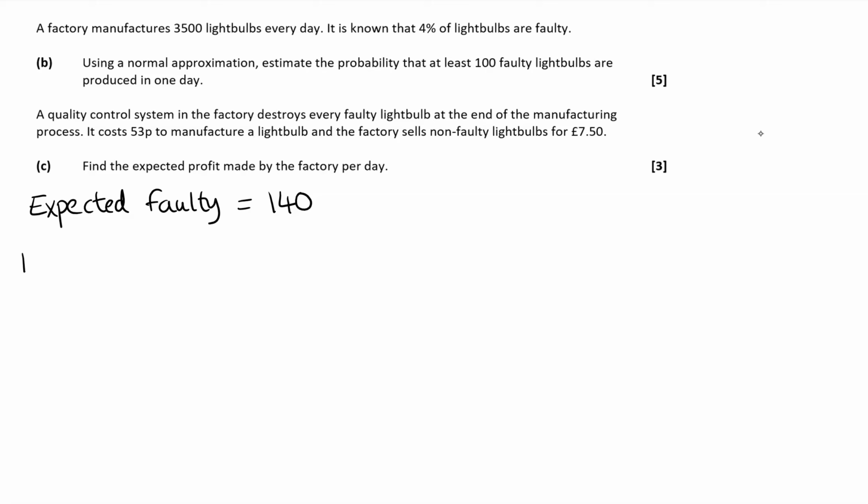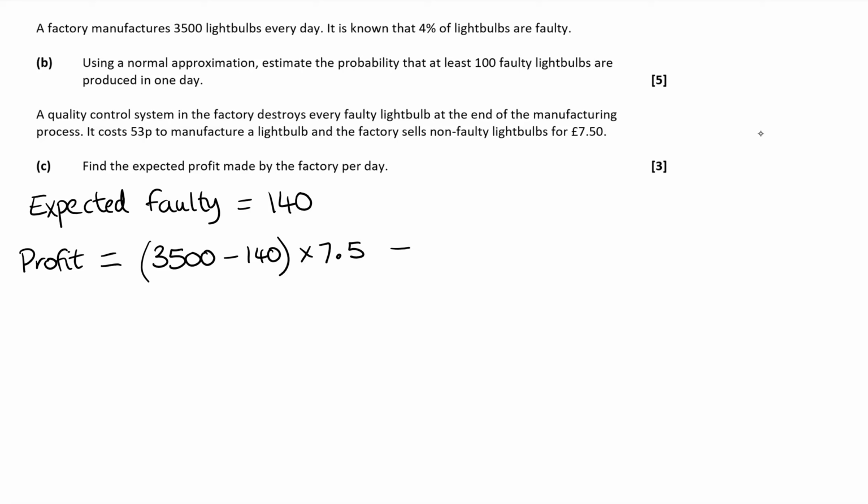So to work out our profit, we take away the number that are faulty, so 3,500 that we produce, take away the 140 that are faulty, times that by 7.5. You're only going to sell the ones that are non-faulty.